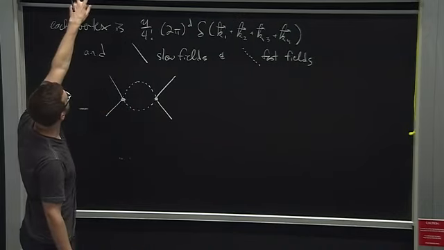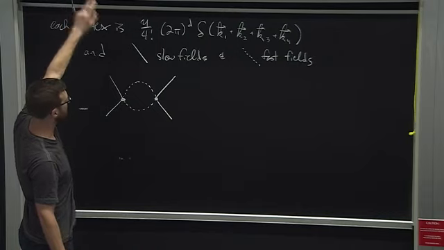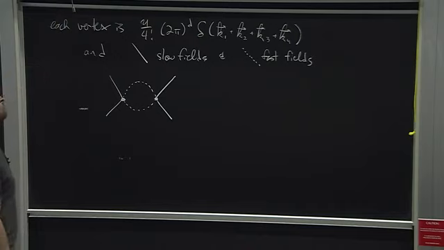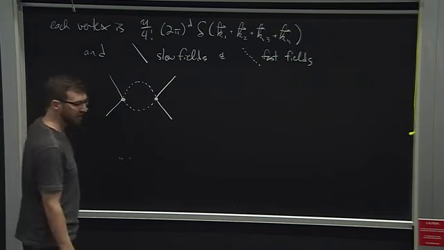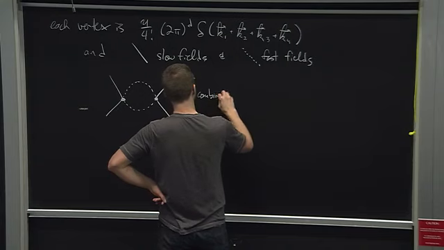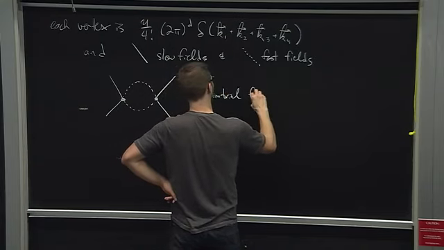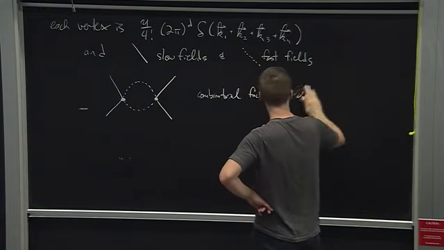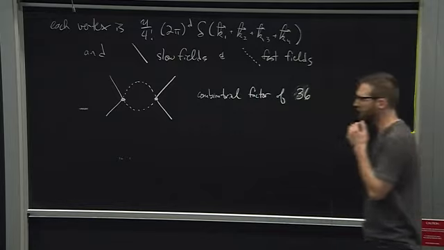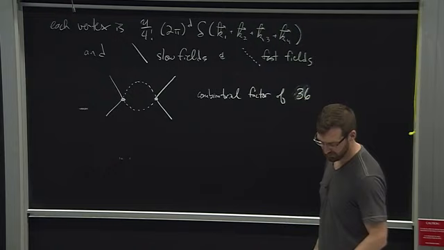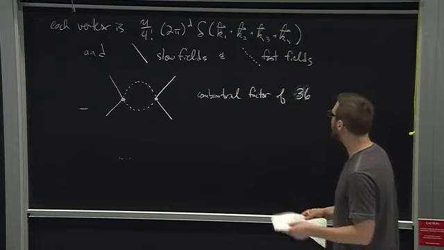That's like combining the fast fields in the first element of that first S in the squared expectation value. And remember, there's a combinatorial factor of 25 or 36? 36 in front of this one, which you have to get right if you want to get the fixed point right. Okay, so that's where we are.